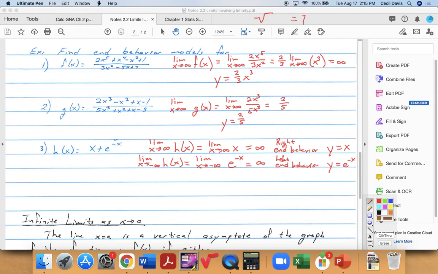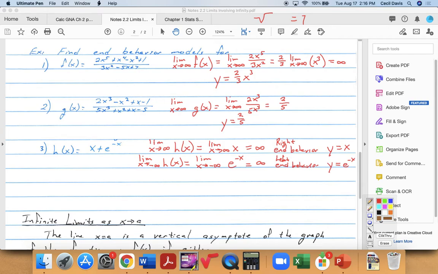A polynomial, so x squared minus 3x plus 5, that's a polynomial. A rational function is a polynomial on top and another polynomial on bottom. Gotcha. We will try and fill that stuff in, but we've got to get it filled in quickly.